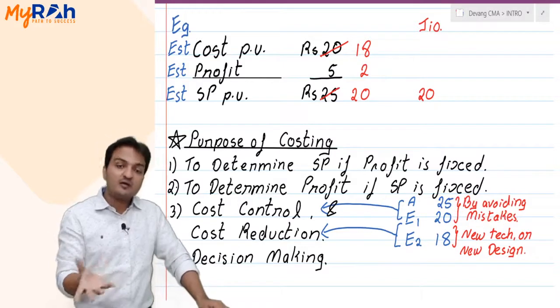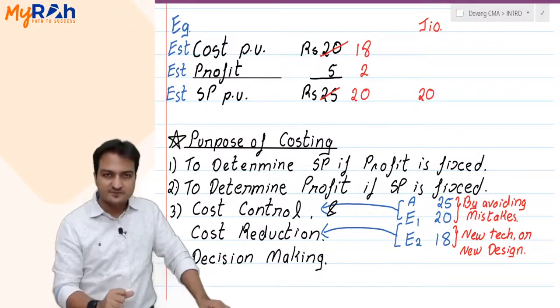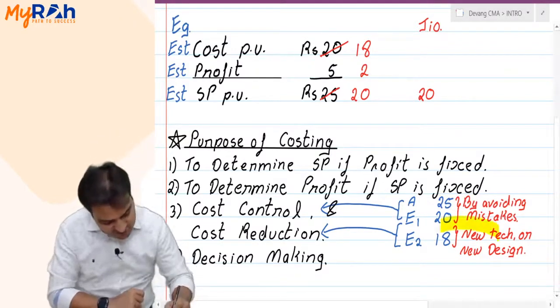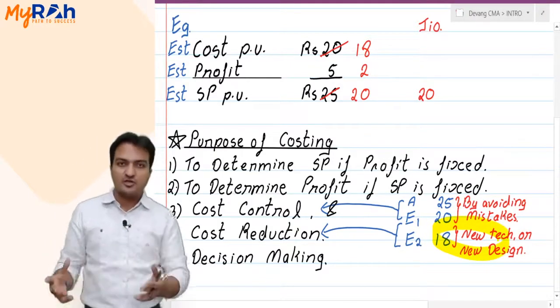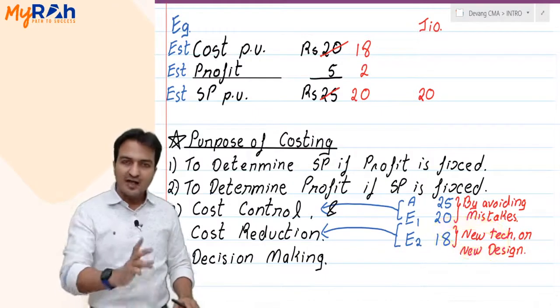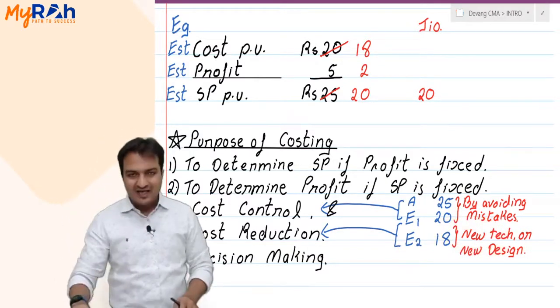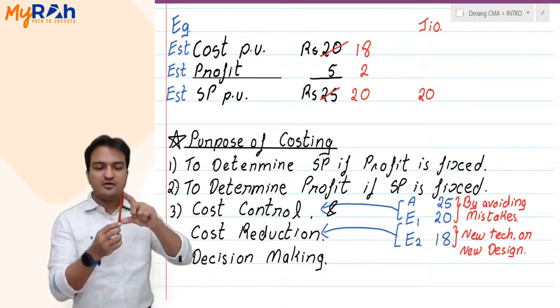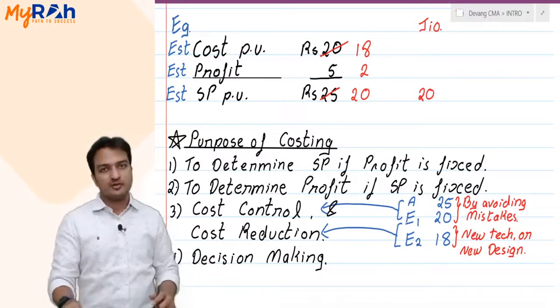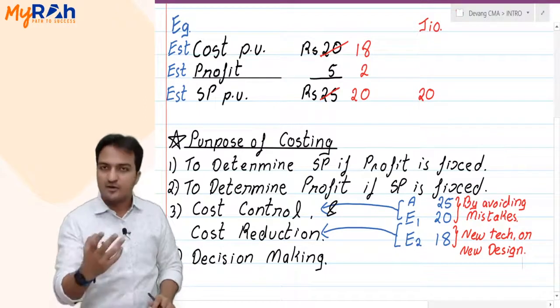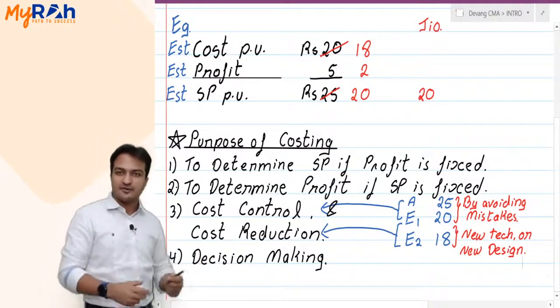Next year I might again make that mistake, then cost will increase. But the decrease which I get by changing the design, by changing the technology, will be a more real and permanent decrease. As long as I keep producing the new design of the product, I will keep getting the lower cost only. That is my cost reduction.